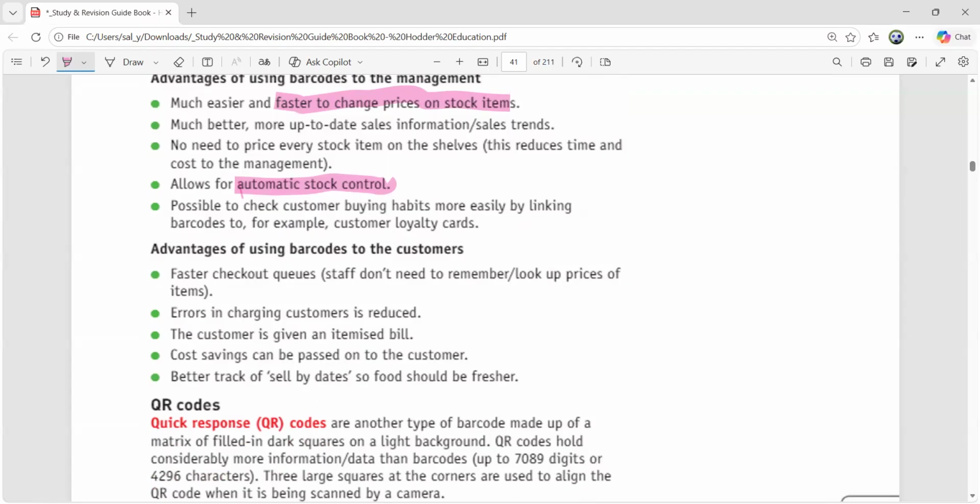Now, barcodes to the customers, very big advantages. The people do not have to wait in longer queues because the queues are going to be faster moving. Errors are reduced to a great extent. Customer is getting an itemized bill. Cost saving can be passed on to the customer, because whenever the work is done better for the management, it is also always giving the advantage to the customers, and better track of sell by date is also present, so the foods are always fresher.